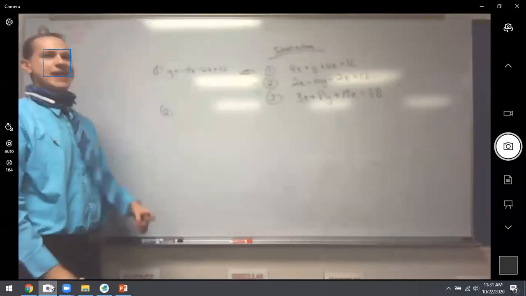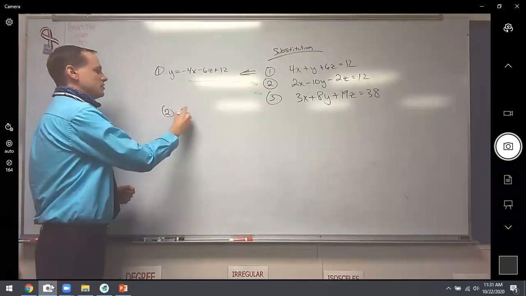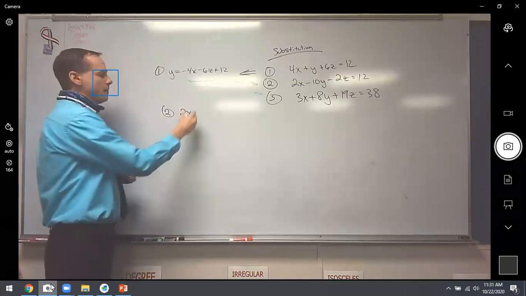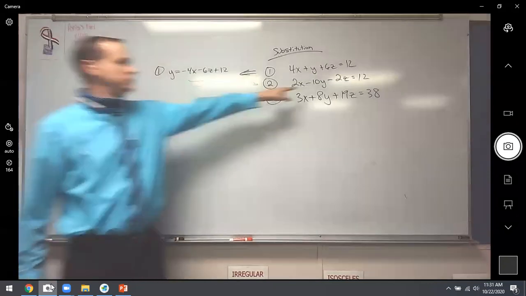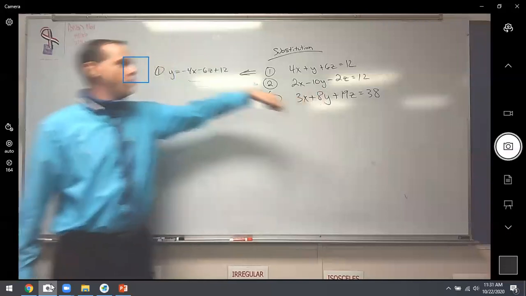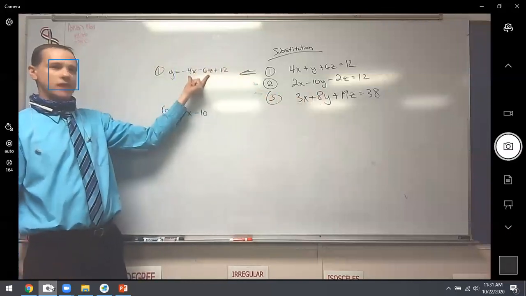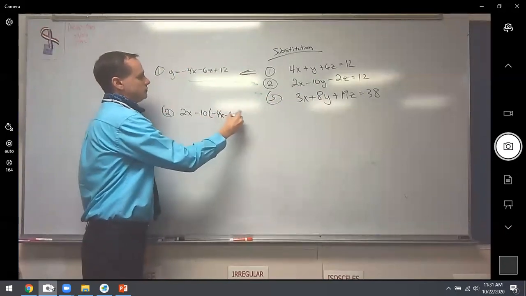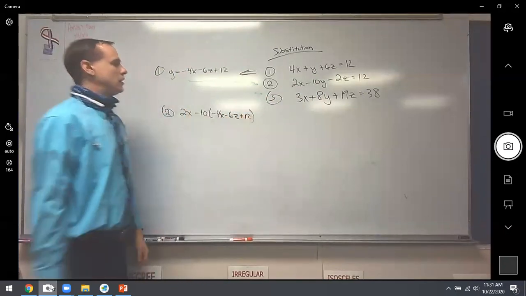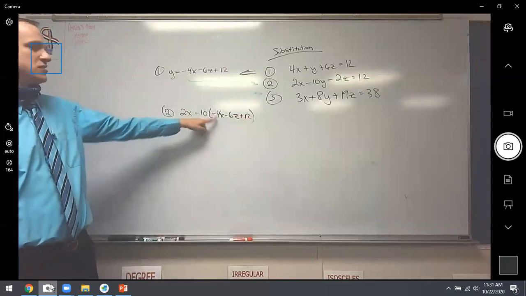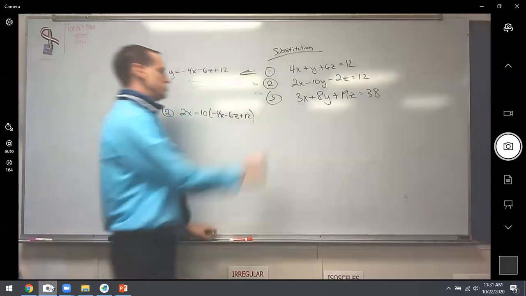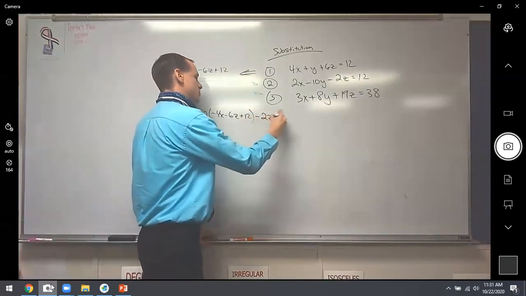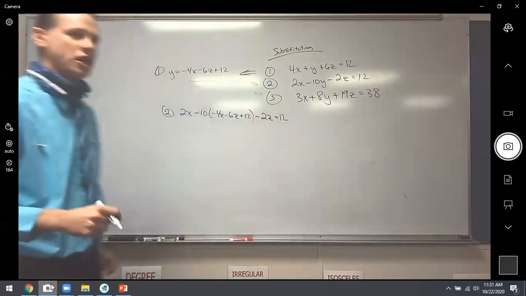Equation 2 is now 2x, right? Minus 10, oh, there's y, but we're going to write this thing instead. Make sure you use parentheses and stuff like that. Negative 10 times this whole thing. All right, there's 2x minus 10y minus 2z. Keep copying. Make sure nothing disappears. Make sure no signs change.